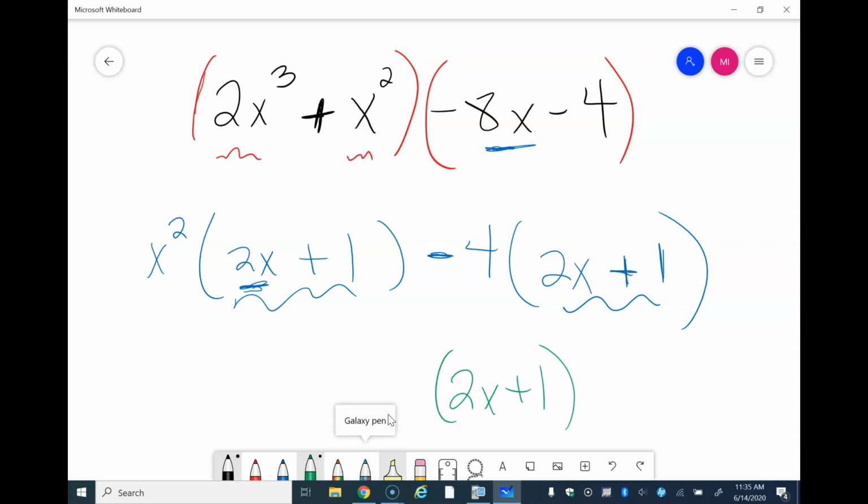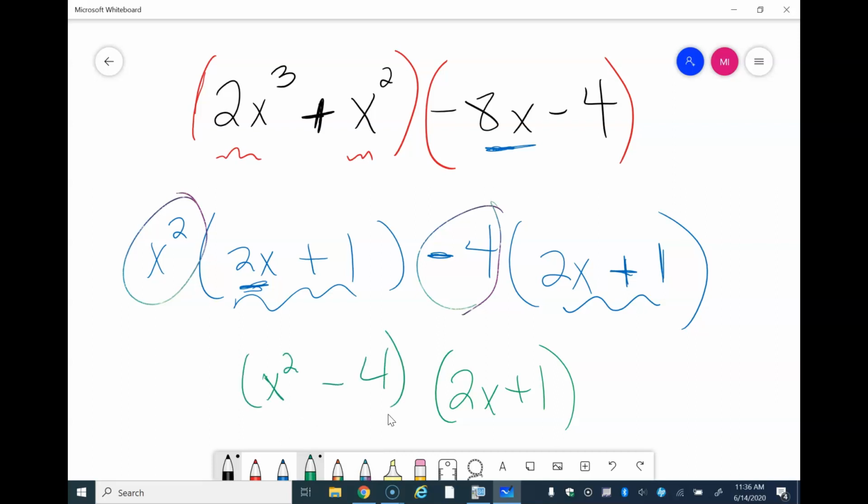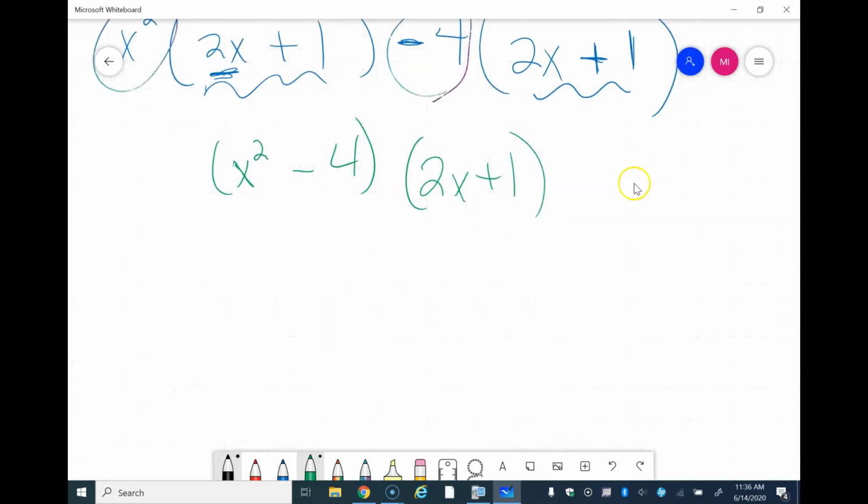And then whatever is left over in front, we make that into a factor. So x squared - 4. So once again, we always check to see if you have a difference of squares. A difference meaning subtraction.